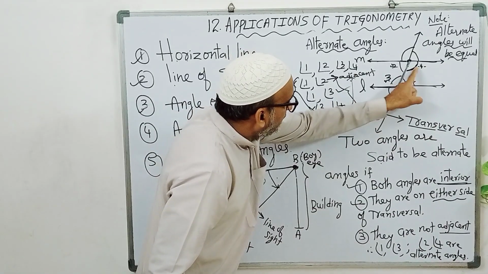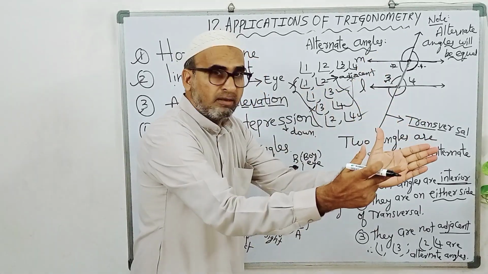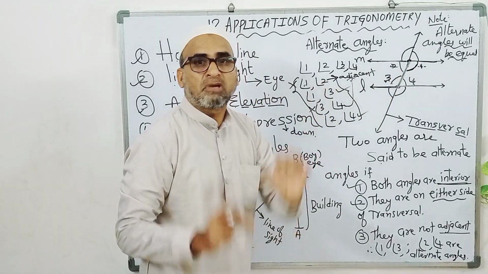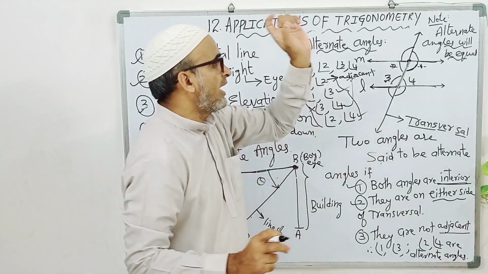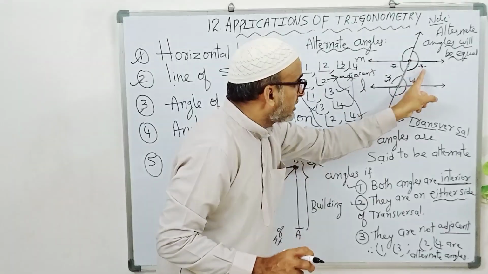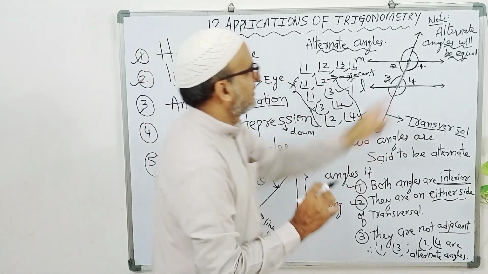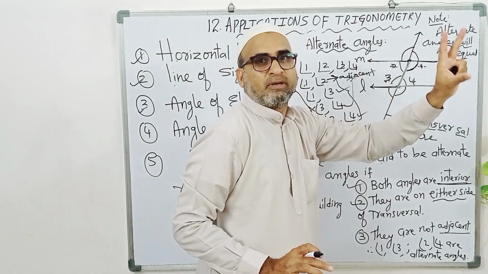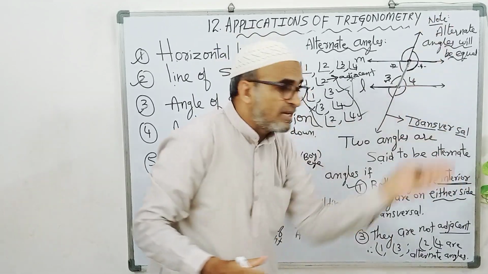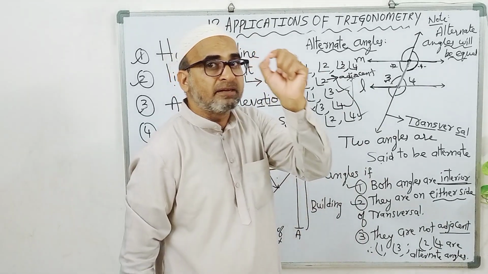If you see this 1 3 on the graph paper, when two lines are drawn parallel, draw one transversal, you measure 1 and 3, compulsorily these two alternate angles value will be equal. Alternate angles will be equal. When? If the lines are parallel. For parallel lines when a transversal is coming, then whatever alternate angles are forming, those alternate angles will be equal.